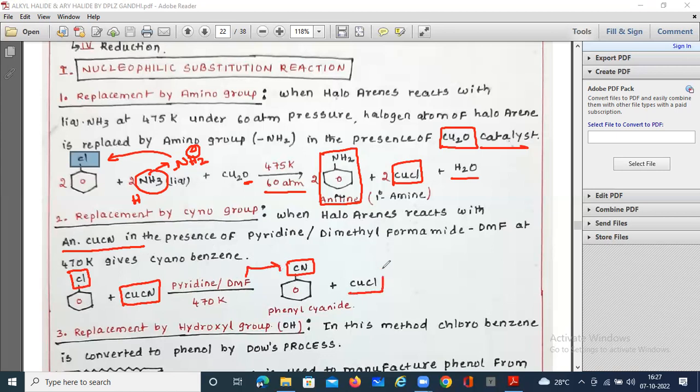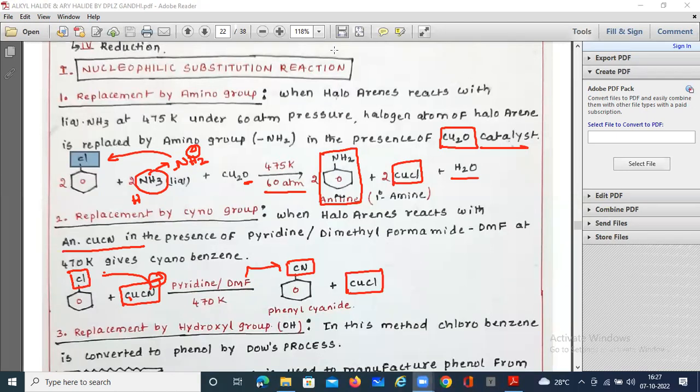And what is the byproduct? CuCl is the byproduct. The cyanide ion is a nucleophile that replaces the chlorine, and the chlorine exists with the copper as CuCl.